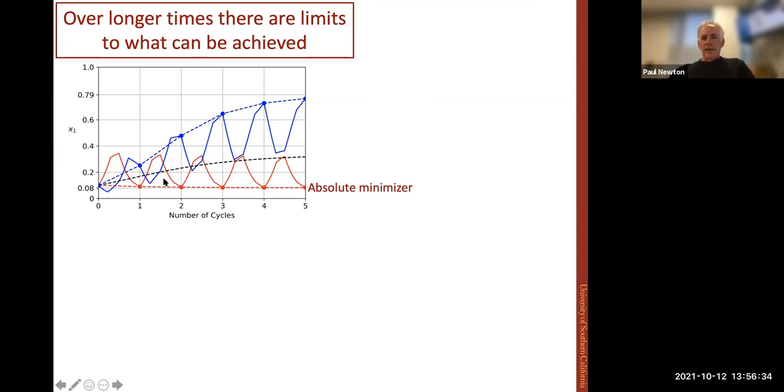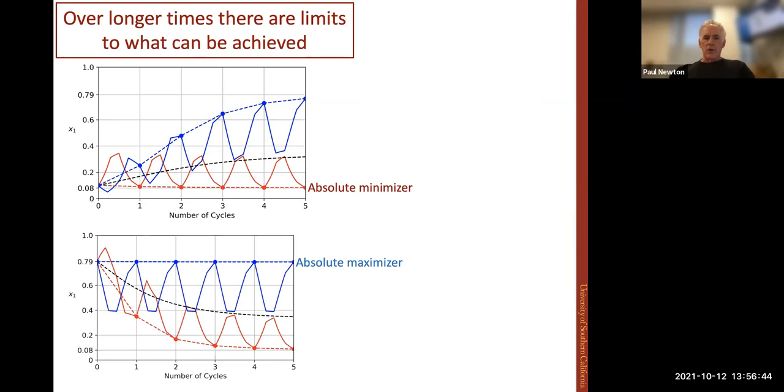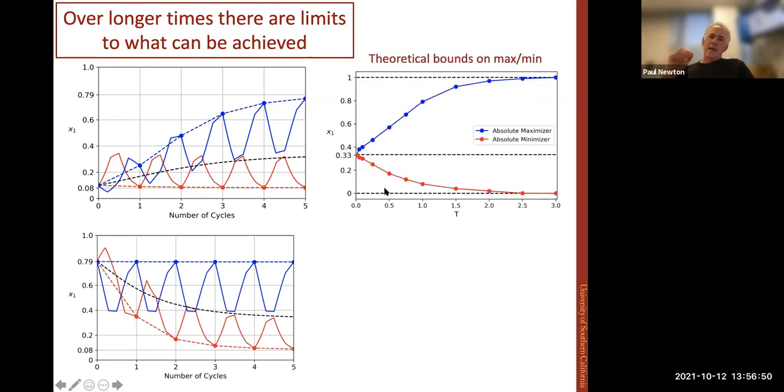And it turns out that there are absolute minimizers that you can't ever get under, and absolute maximizers that you can't ever get over. So there's a limit to how well you can do, depending on what your initial population is. And these we would call theoretical bounds on the maxes and mins that can be achieved.